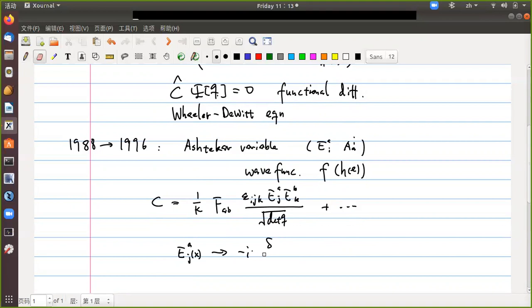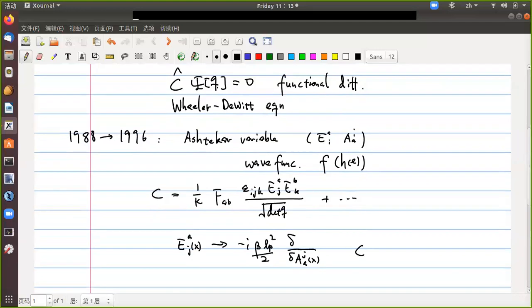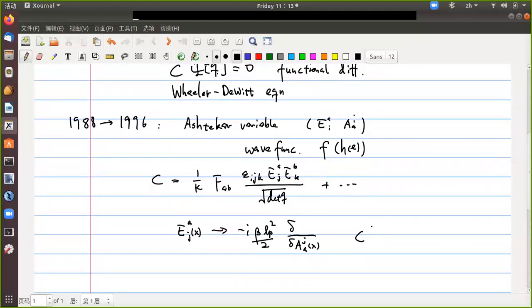We have to respect the commutation relation, so here I guess it should be l_P squared divided by beta, times delta over delta A. Now you promote your C to an operator, C hat.